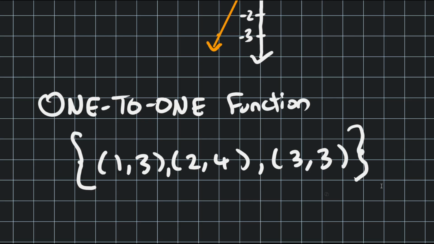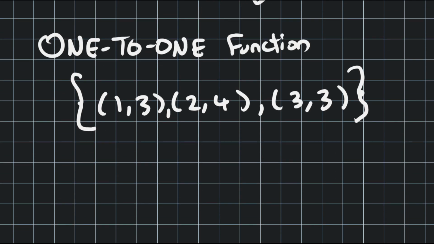Okay. And then to test if this relation is a function, so we want to know if this is a function, we're going to do what we did in our previous video. We will write down all of our inputs, so all the x-coordinates. So all our x-coordinates in green are 1, 2, and 3.